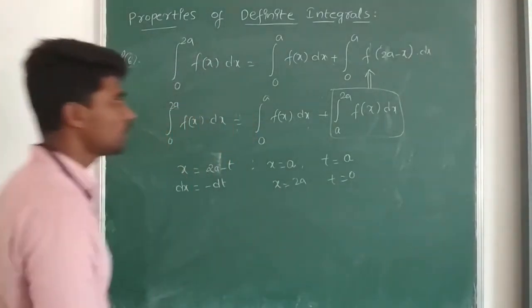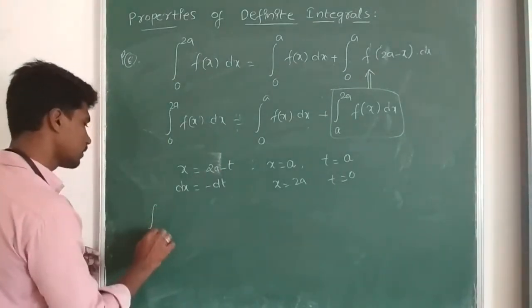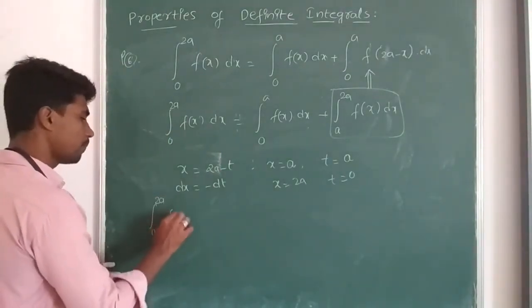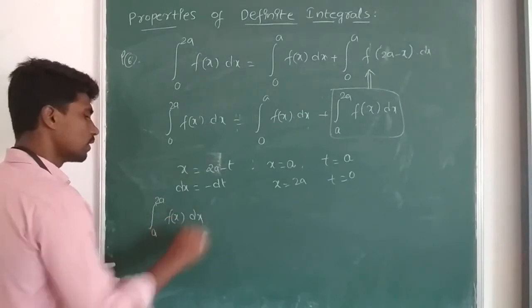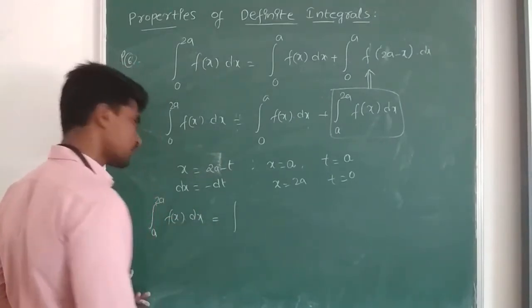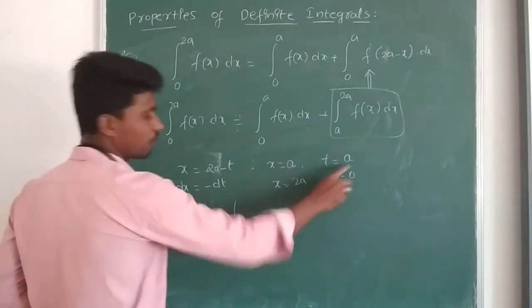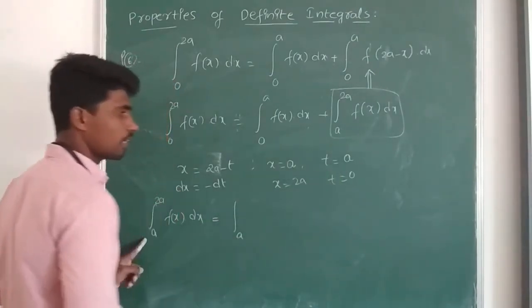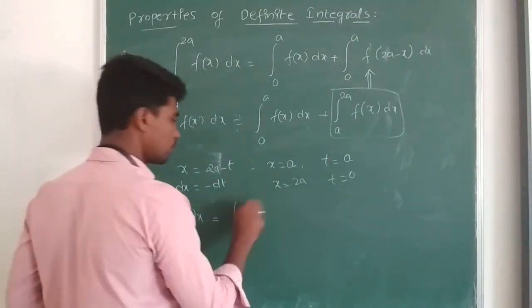So now integral a to 2a f of x dx can be reduced to the form with limits: if x is equal to a, t is equal to a; if x is equal to 2a, t is 0.